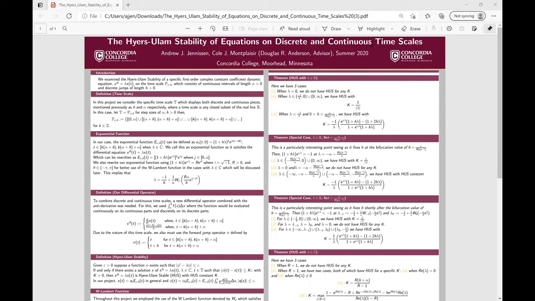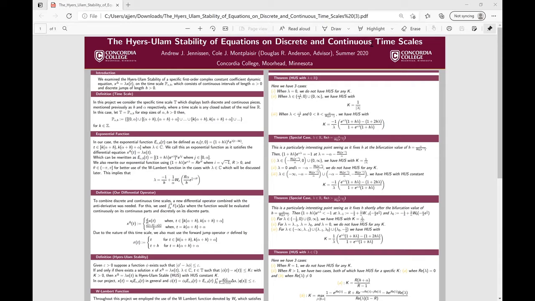And we can also rewrite our lambda using r and i, which then allows for all on the interval of negative pi to pi, which then allows us to employ the W Lambert function, which is a unique little function we found, which helps a lot with the complex cases, which again, we will discuss in a little bit.